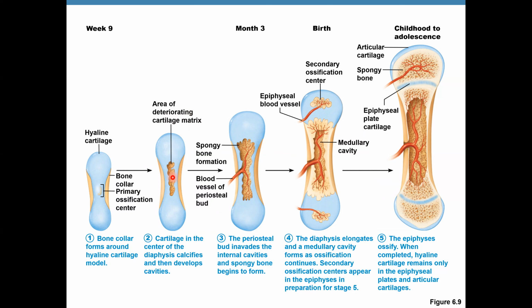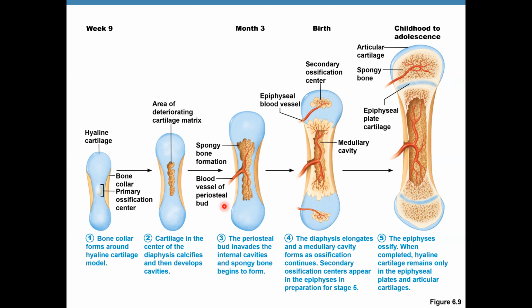So the cartilage starts pretty much dying right inside, because when we form this bony collar, we really deplete the amount of oxygen and nutrients that can reach these chondrocytes. So these cartilage cells, because of this bony collar, don't get enough oxygen, so they start dying. And when they die, they form a cavity.